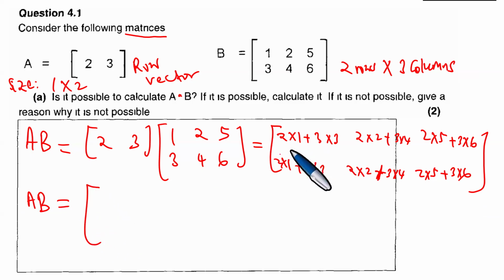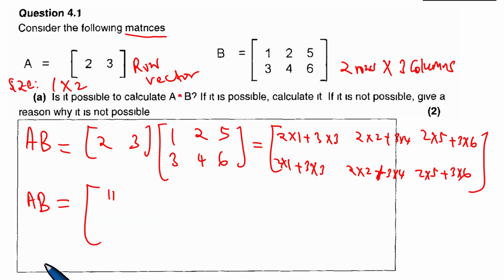What is 2 times 1 plus 3 times 3? It's a 9 plus 2, it's exactly 11. Next, we have 2 times 2, which is 4 plus 12.